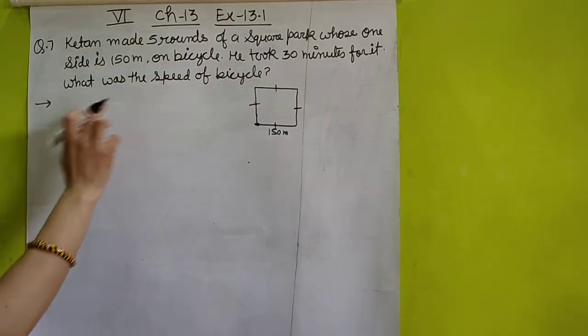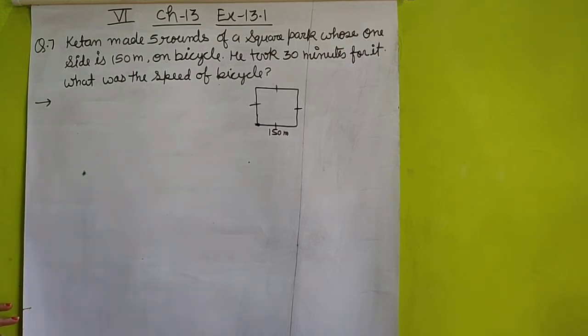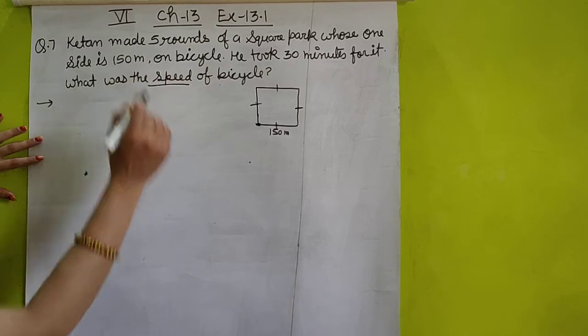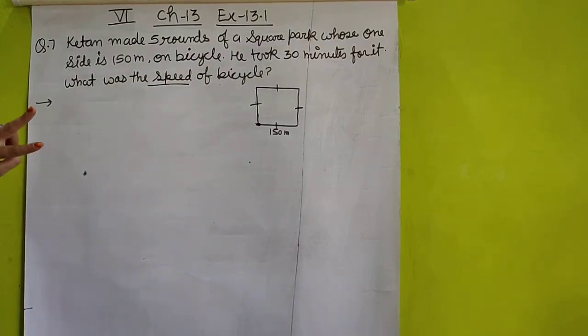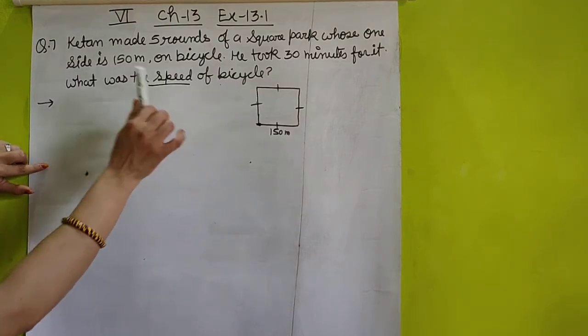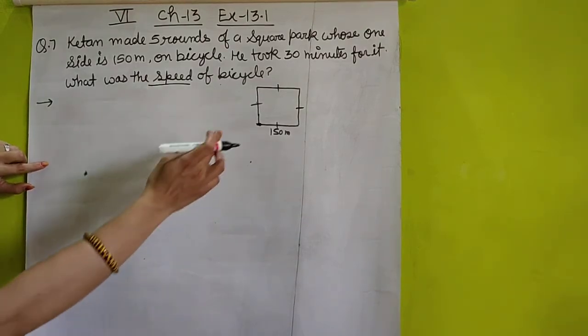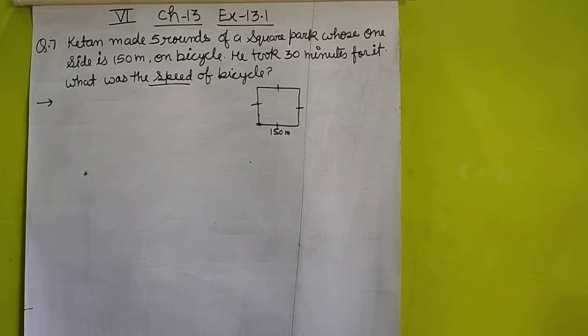What was the speed of the bicycle? First of all, we are to find the speed. For speed, you need two quantities: first is distance and second is time. Time is given, but we don't have distance, and distance we will find with the help of the perimeter of the square.